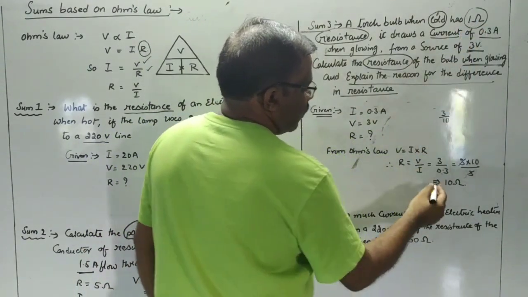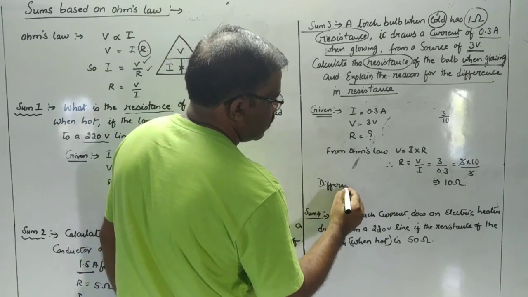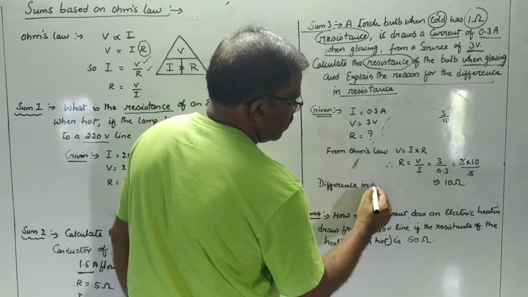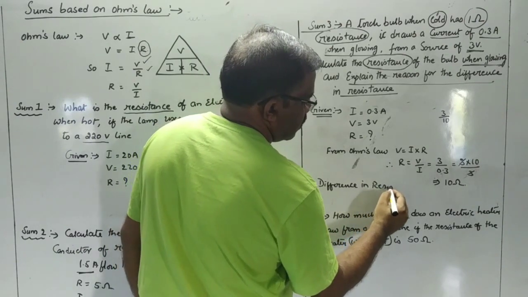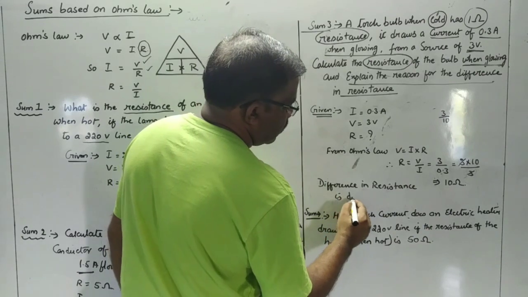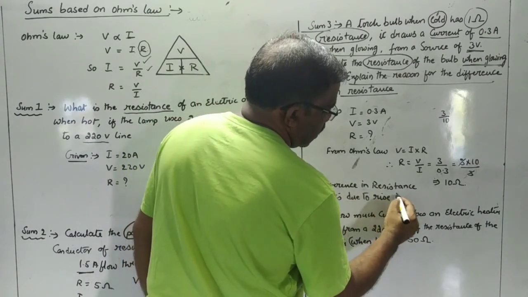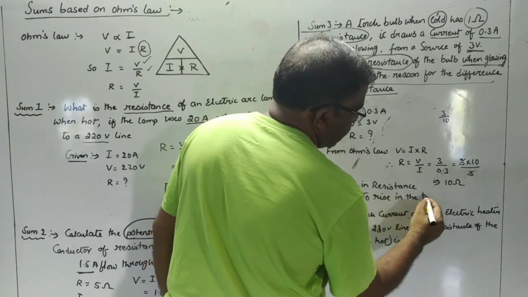Now the initial R value was how much? 1 ohm. So why is there a difference? The difference in resistance is due to rise in the temperature.